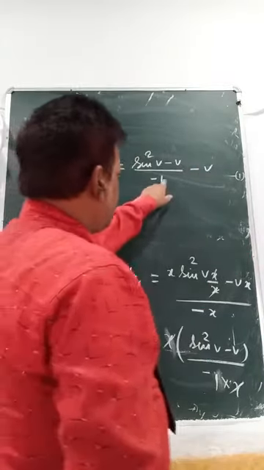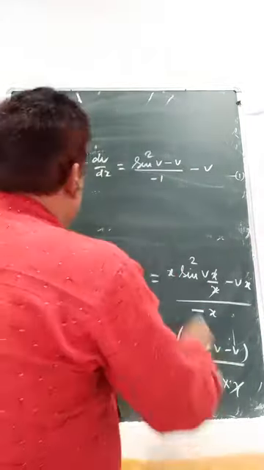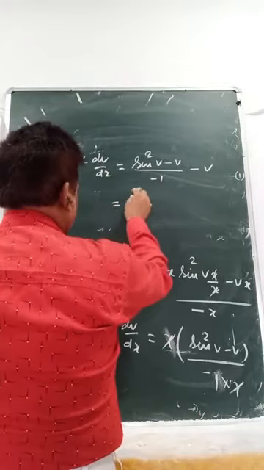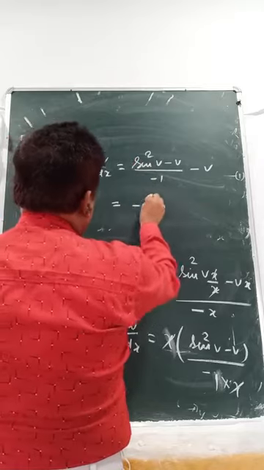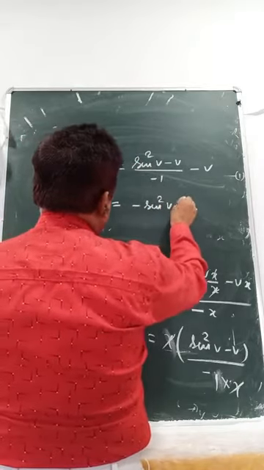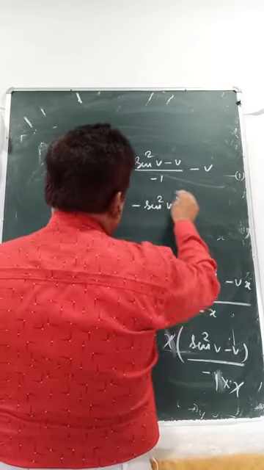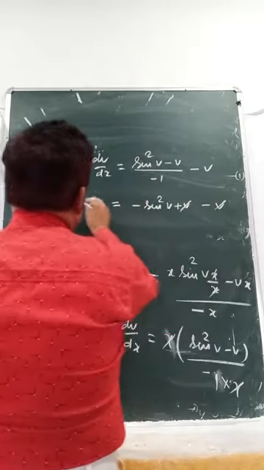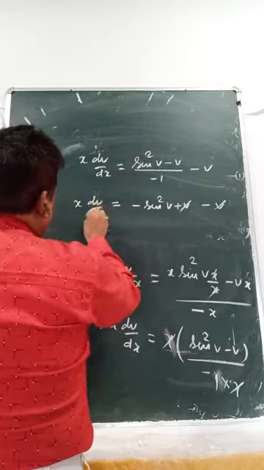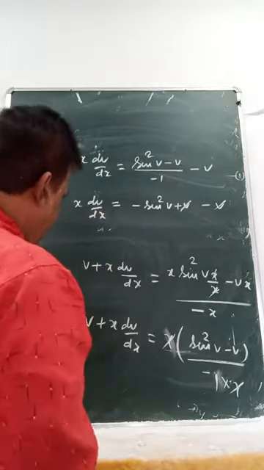This minus was creating a problem for me. If I multiply, I can write minus sin square v plus v, because if I divide with minus 1 then minus v. Done. So x dv by dx. Now the problem is sorted out.